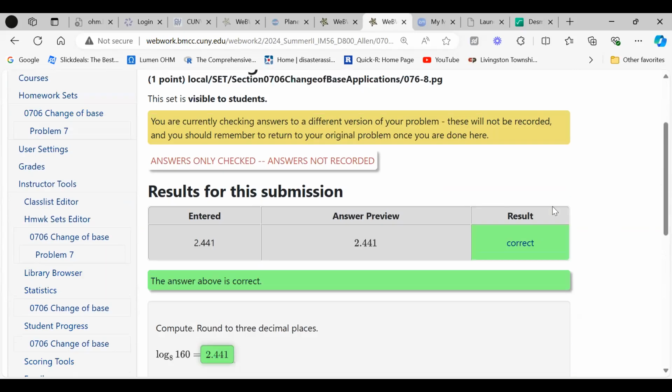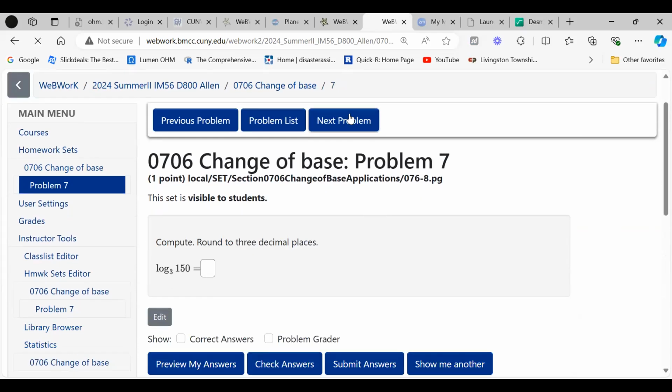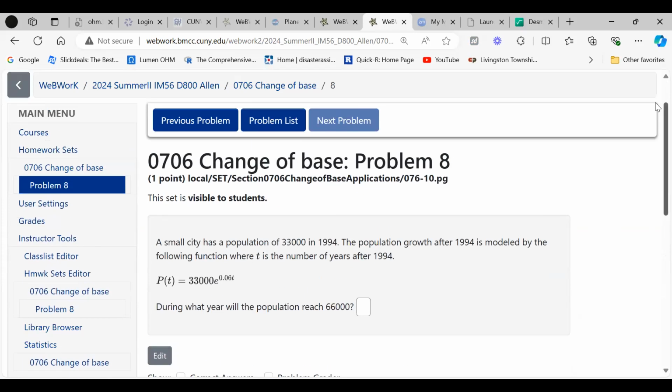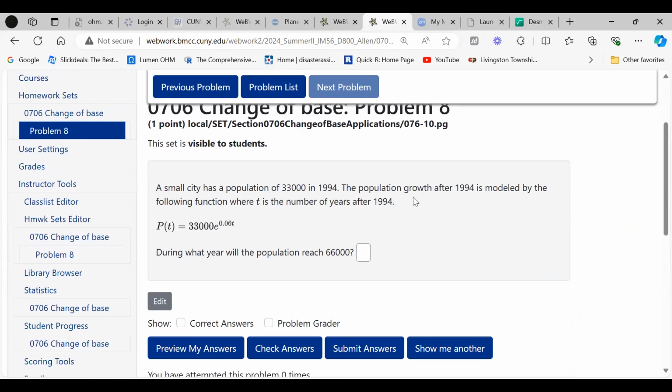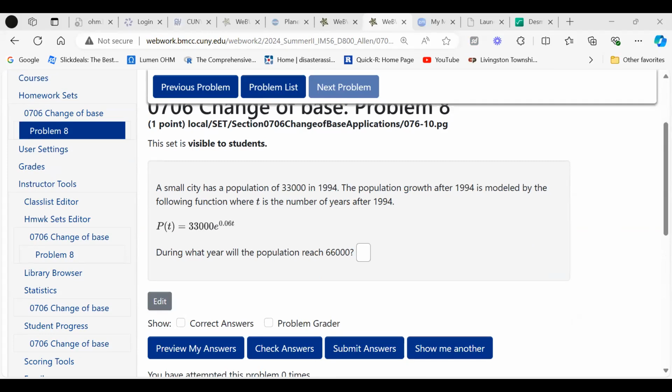Yeah, that's good. And then one last question in the section will be problem 8, right? A small city has a population of 33,000 in 1994. The population growth after 1994 is modeled by this. This is called an exponential model, right? And so, what year will the population reach 66,000?